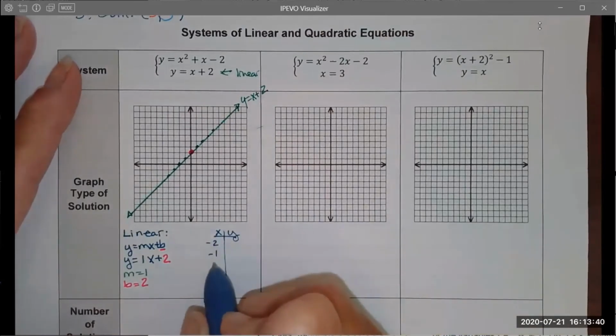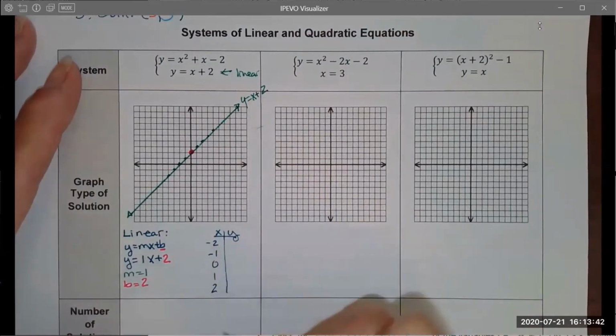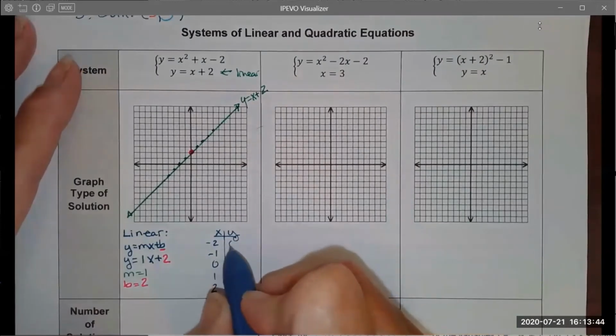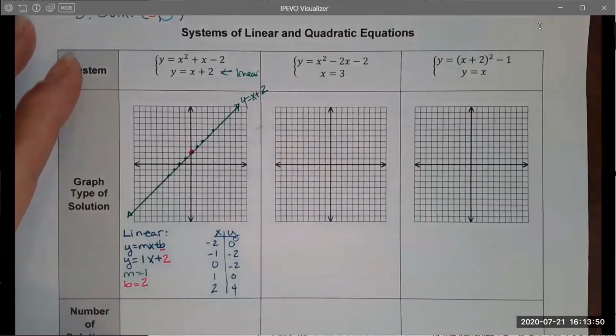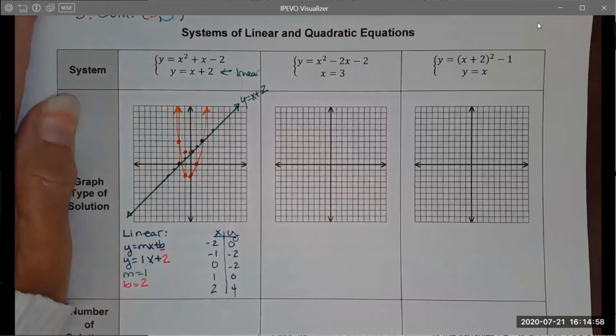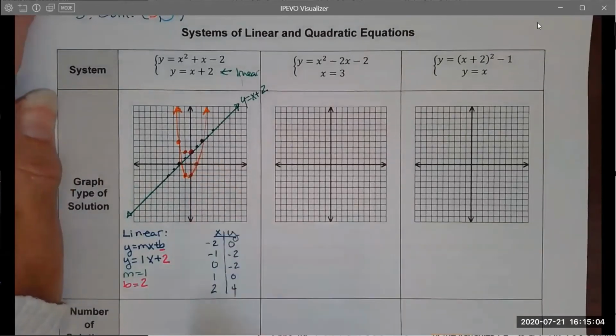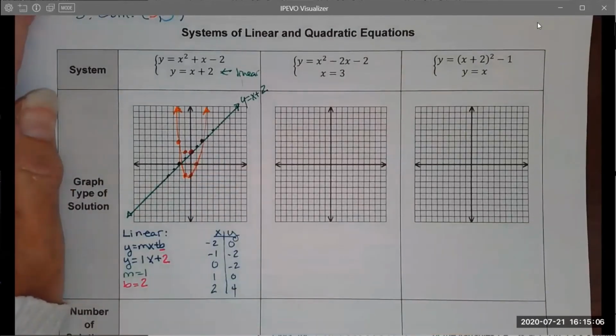I'm going to do some pretty standard points. I have already done this, so I'm not going to bore you with the details. I cheated and went ahead and did a sketch of my graph. It's not 100% accurate, but you get the idea. In the interest of time, I thought that best.